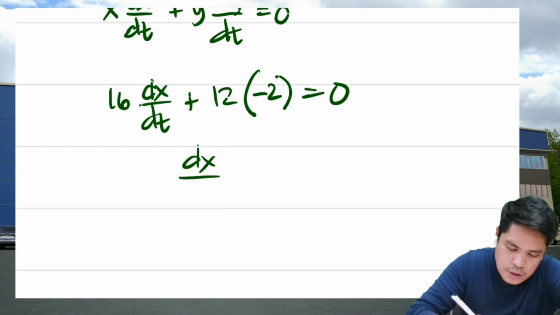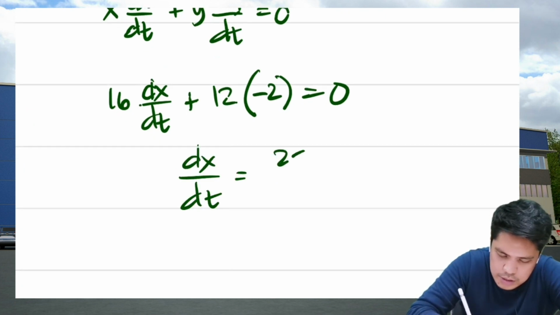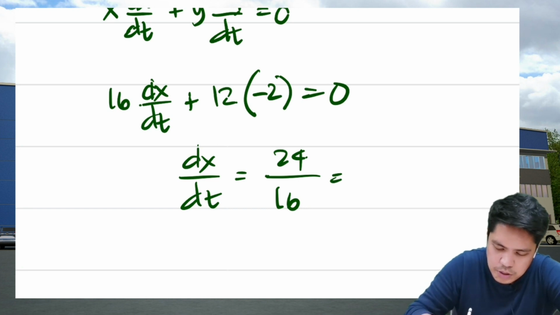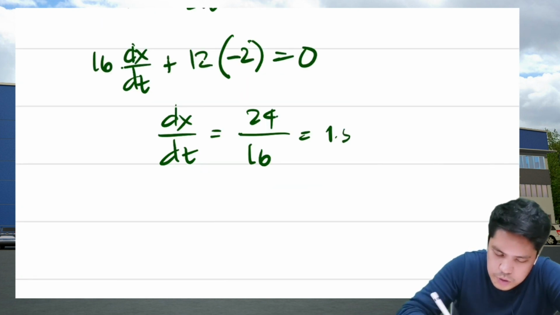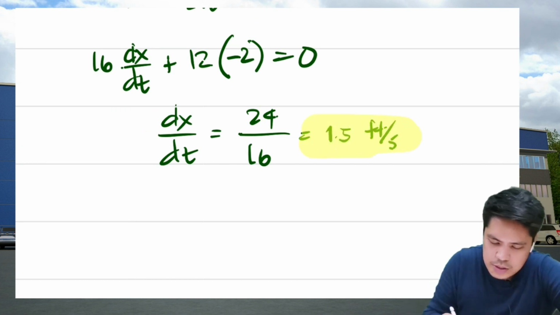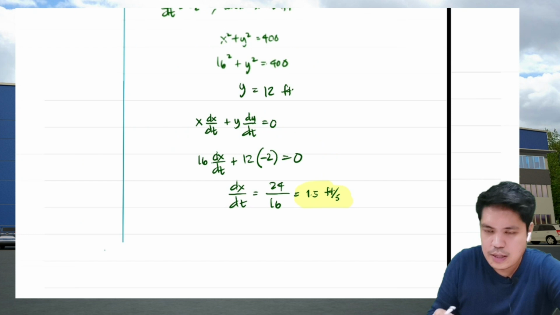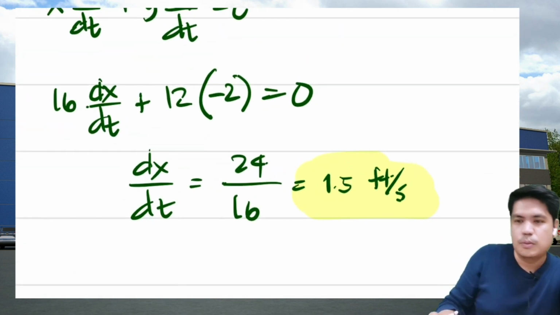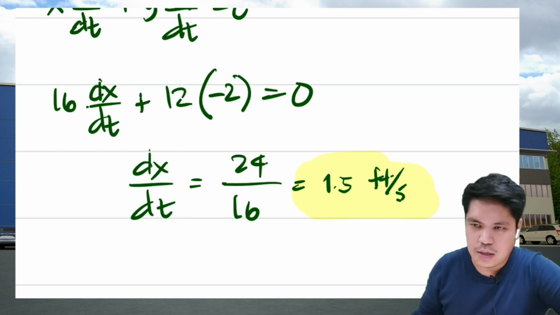Therefore, dx over dt is equal to 24 over 16, which is equal to 1.5 feet per second. So that is our answer. Therefore, the lower end of the ladder is moving at a rate of 1.5 feet per second. That is very easy.